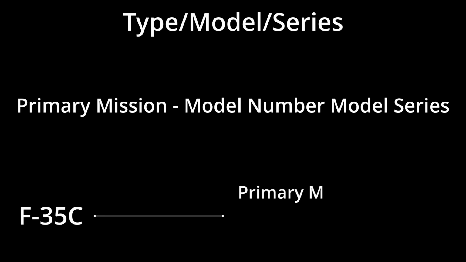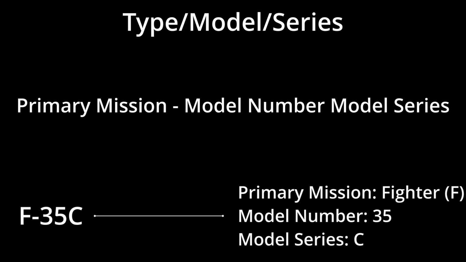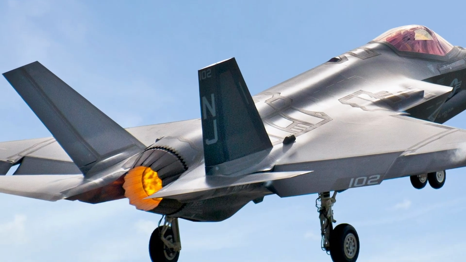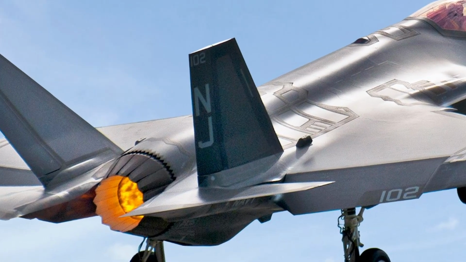As an example, the F-35C primary mission would be fighter, as the prefix letter is an F, the model number is 35, and the model series is C. Putting that together, we get that F-35C airplane that you can see in this image.